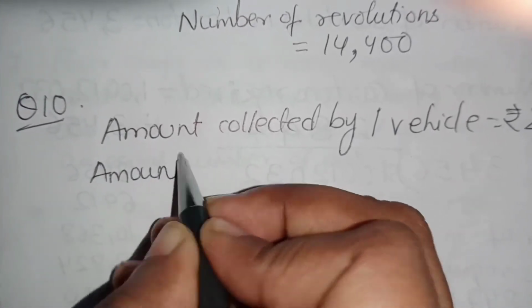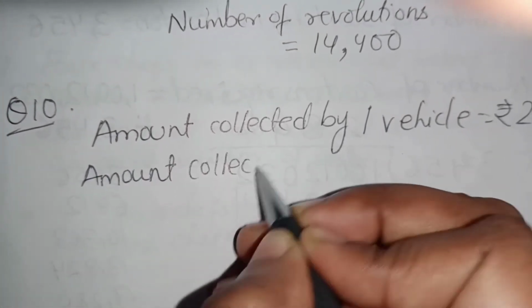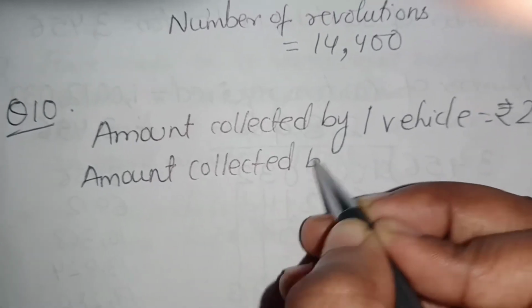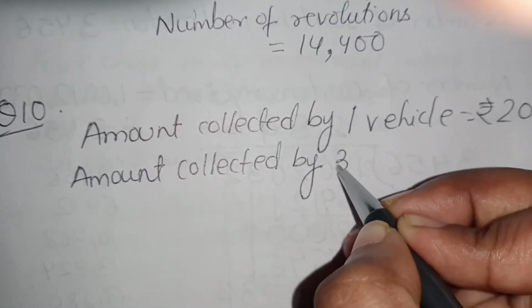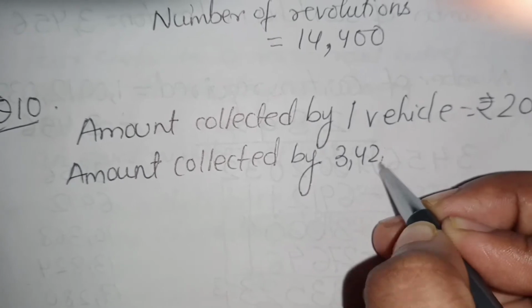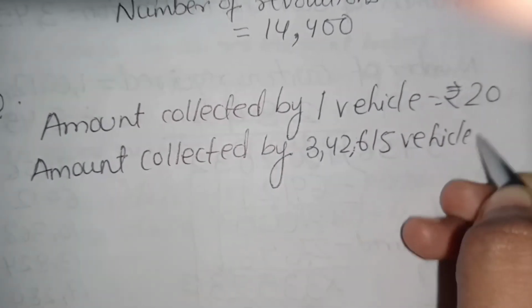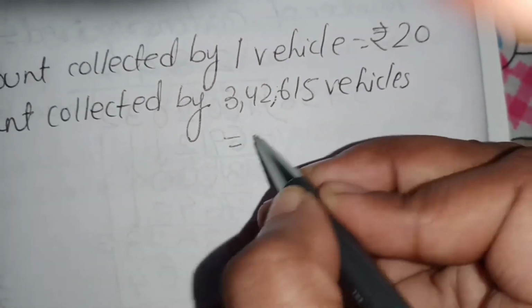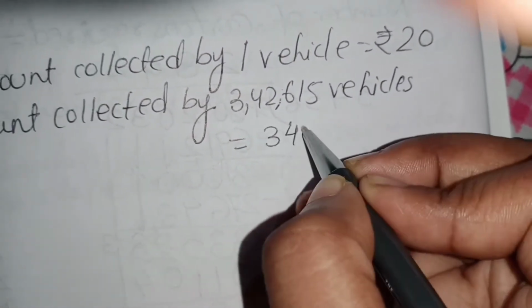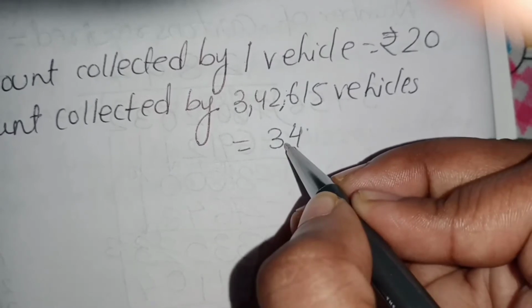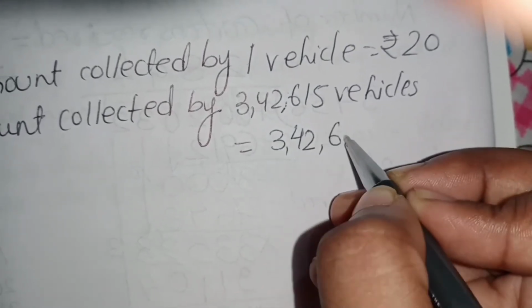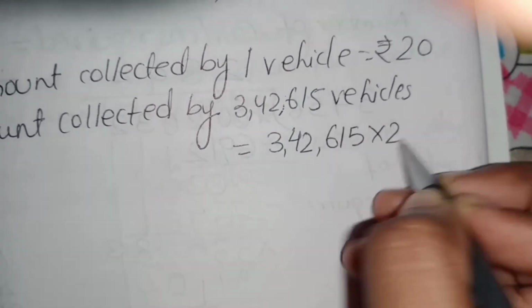So amount collected by 3,42,615 vehicles. So what do you have to do? You have to multiply 3,42,615 into 20.